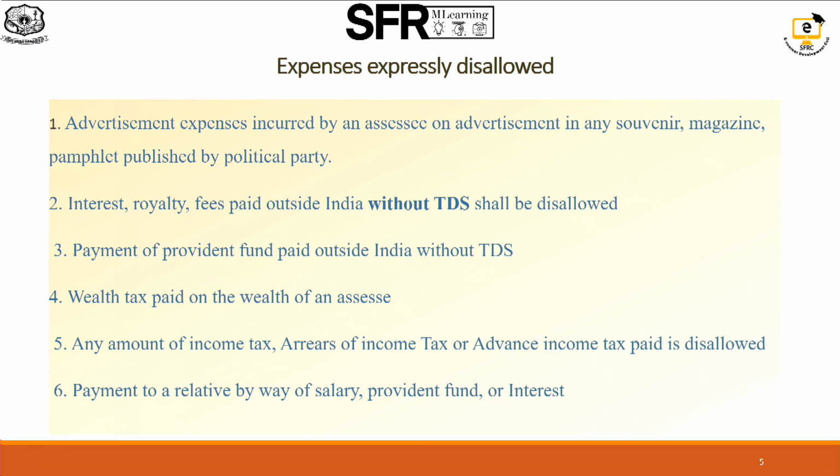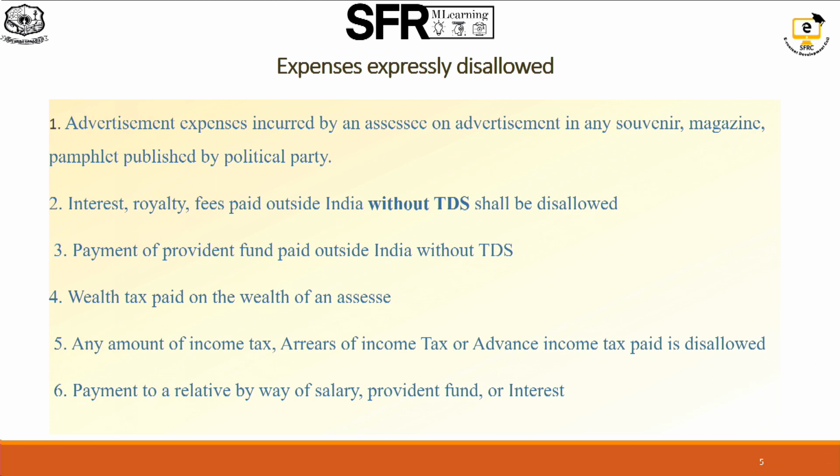They are the advertisement expenses incurred by the assessee on advertisement in any case will be disallowed. Interest, royalty, fees paid outside India without TDS will also be disallowed, as well as payment of provident fund paid outside India.